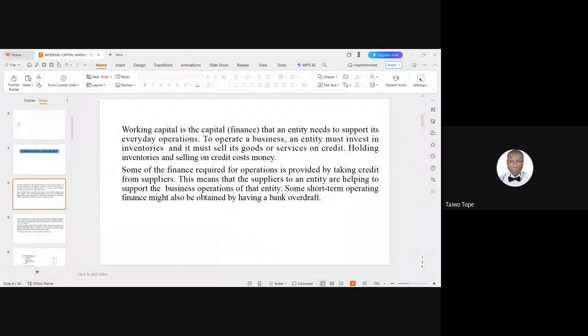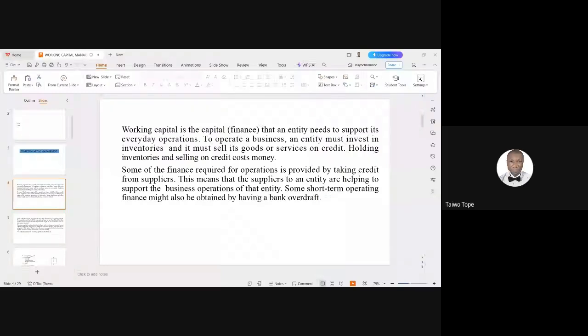So a company is said to be over trading when it tries to do too much too quickly with little financial resources at its disposal. That is over trading. So take note of that.